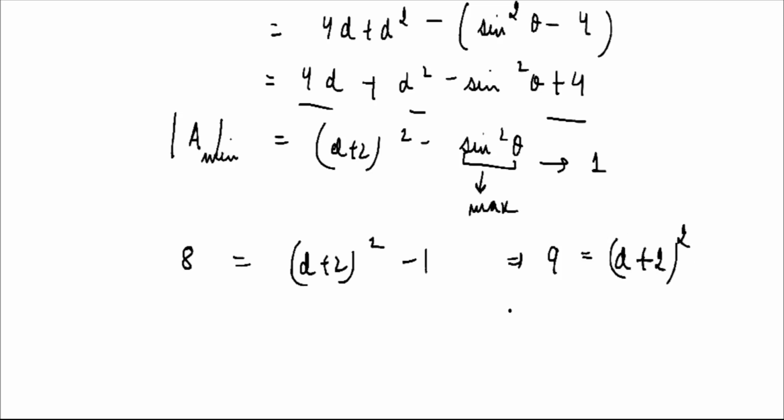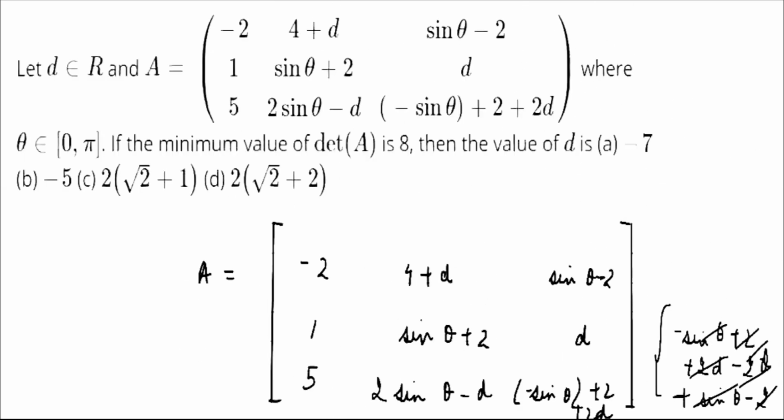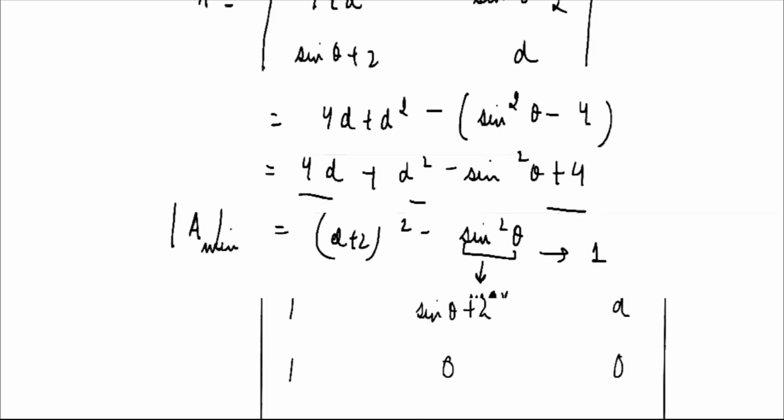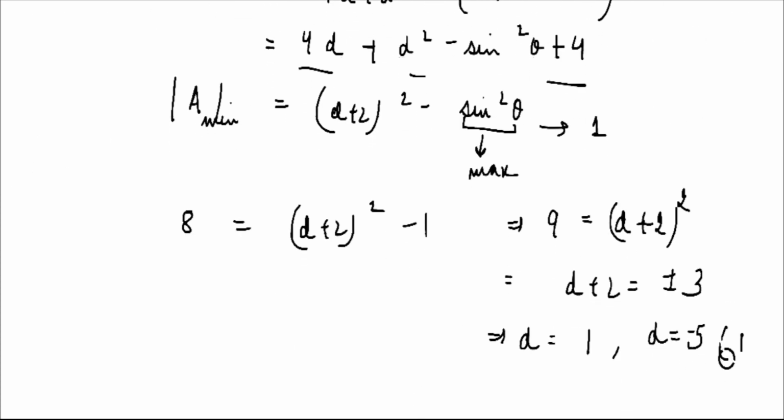Now taking under root on both sides, I'll be getting d plus 2 can be plus minus 3. Taking the positive value, d becomes equal to 1. Taking the negative value, d would be equal to minus 5. So let's see which is present in the options. So d is minus 5. So it means that option B is the correct option. I hope this explanation is clear to you.